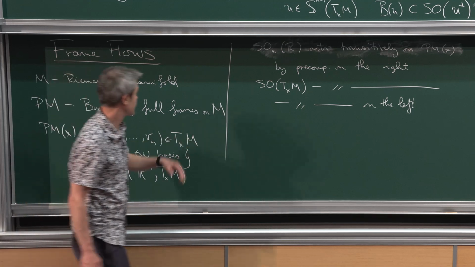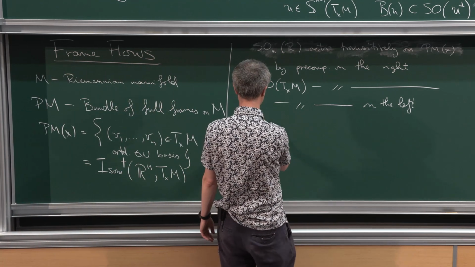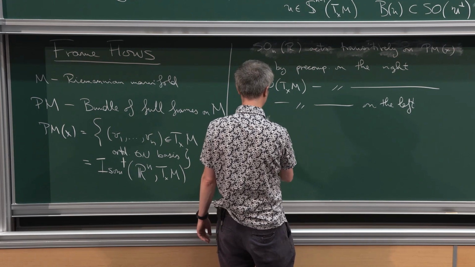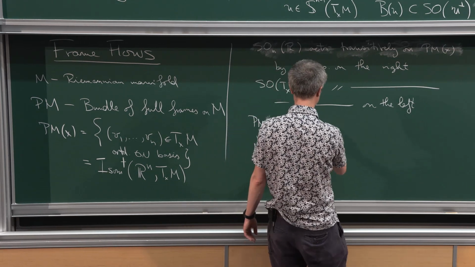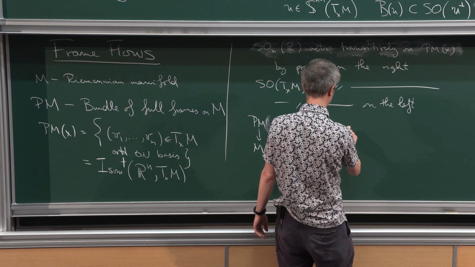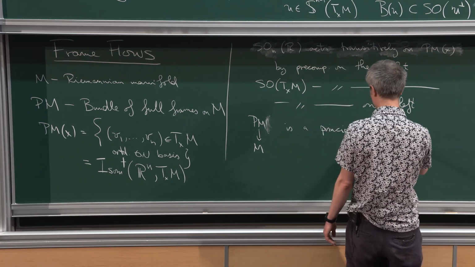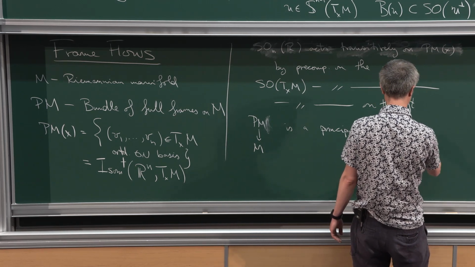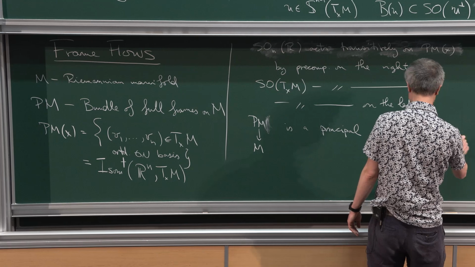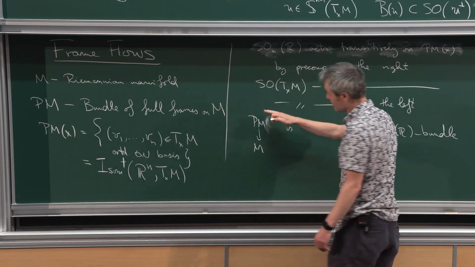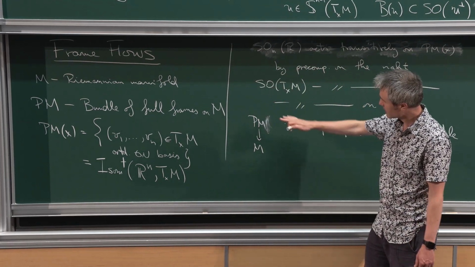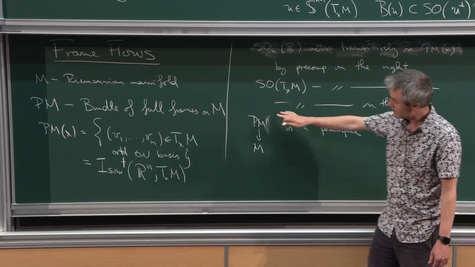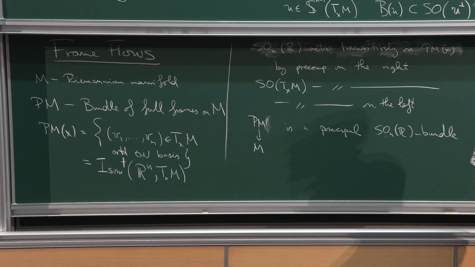Okay. So this PM of x, or PM over M, is what's called a principal SO(n,R) bundle, which is to say that it's a manifold equipped with a map and an action on the right of this group such that the action is transitive on the fibers, free and transitive.